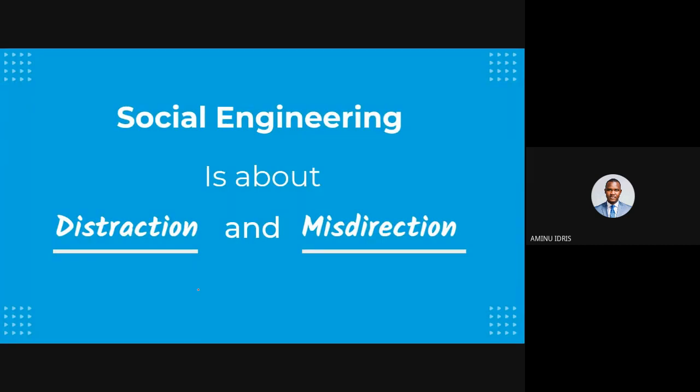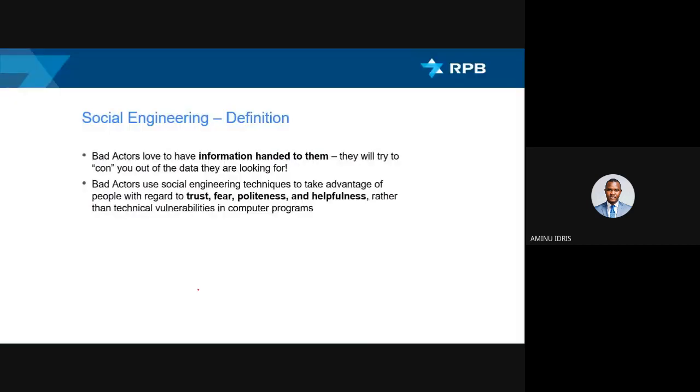This happens because, in our current state, human beings are much easier to manipulate than even a system. Yes, that is the fact. And that is what we are going to talk about. So it is all about misdirection or distraction, whichever you take it. So what is social engineering actually?